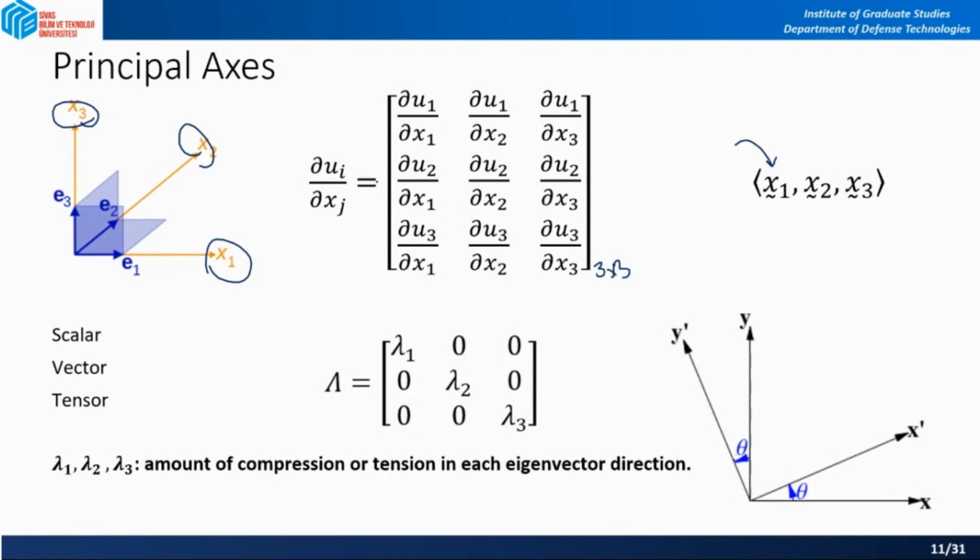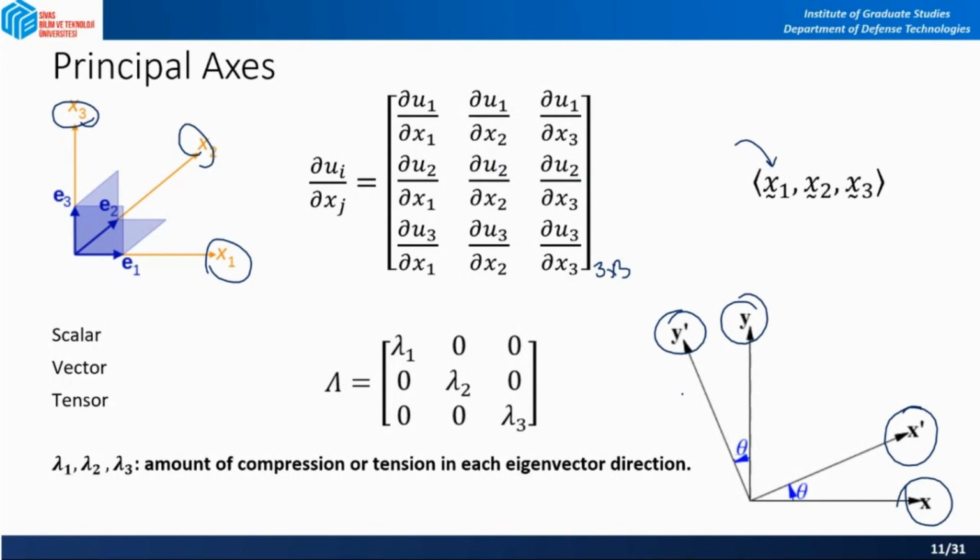Rotating a vector means I can write a vector with respect to coordinate system 1, the first coordinate system x, y, and then write its components with respect to coordinate system 2, the prime coordinate system, x prime, y prime. Of course, it will have different components.